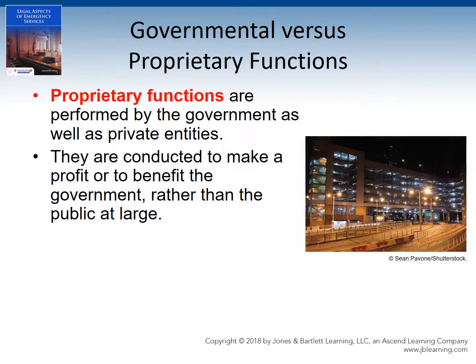One of the most common examples is a governmental-owned and operated parking structure. Private companies often own and operate such parking structures for a profit, and the government could even be considered a competitor against those private businesses. Such activities typically generate revenue, which can also be a factor in determining their nature as proprietary as opposed to governmental. Such proprietary functions are not afforded tort immunity.